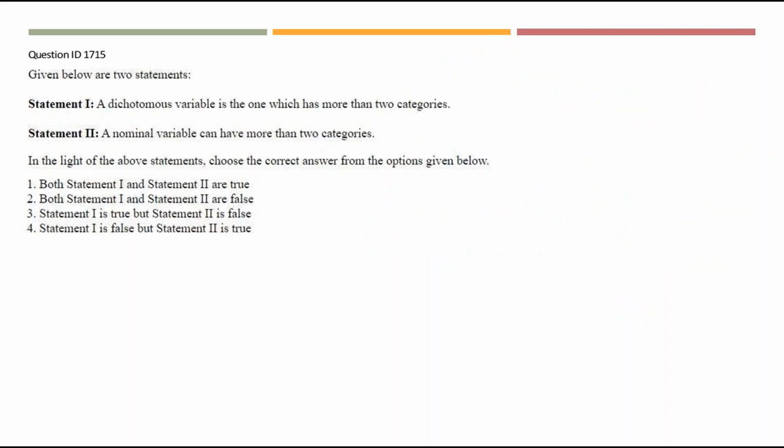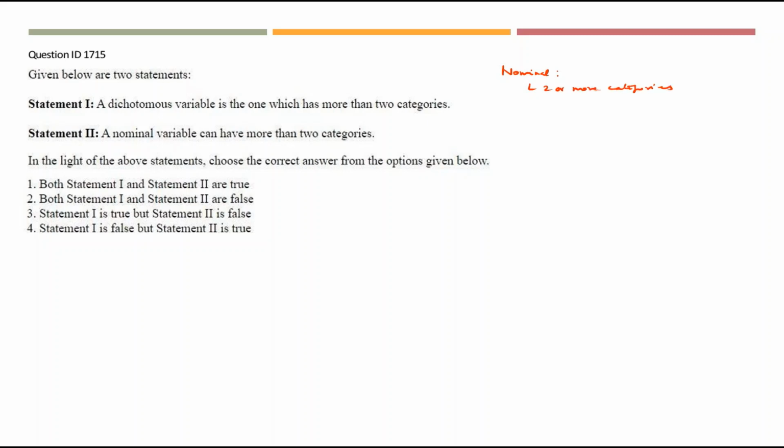Next question. Given below are two statements. A dichotomous variable is one which has more than two categories. A nominal variable can have more than two categories. So what are nominal variables? They are variables that can have two or more categories.